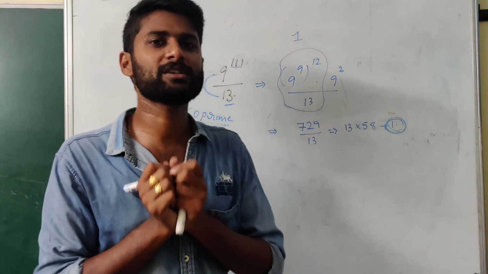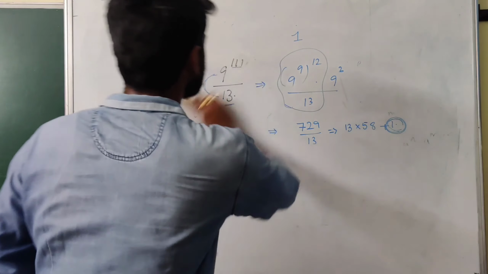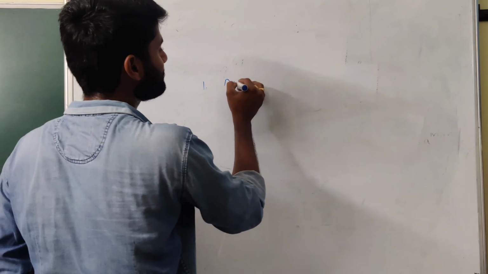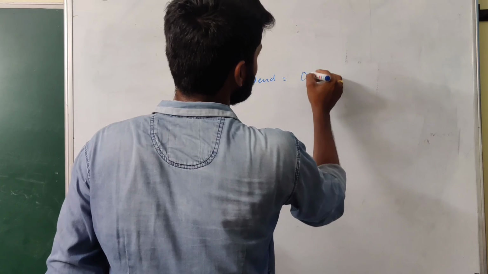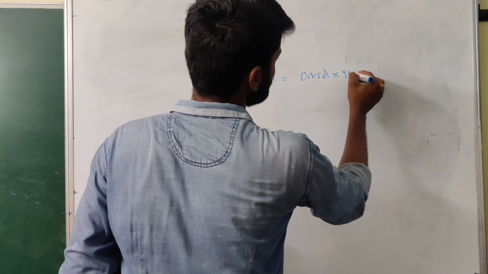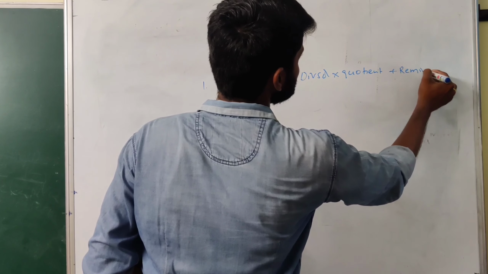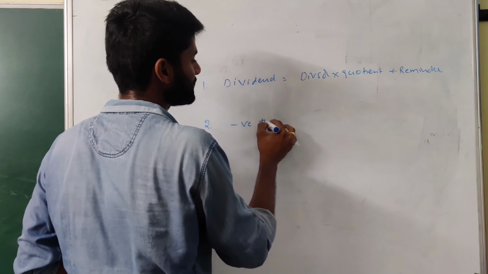See, for the entire concept of remainders, we are discussing 3 different models. Clear? So what are these 3 different models? The first model says that dividend is exactly equal to divisor into quotient plus remainder. This is the first theorem we are discussing. And the second theory is the negative remainder theorem.